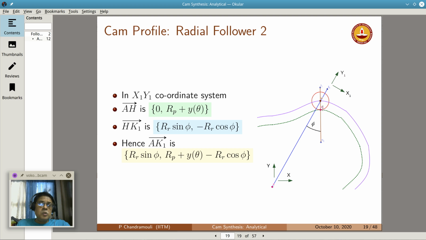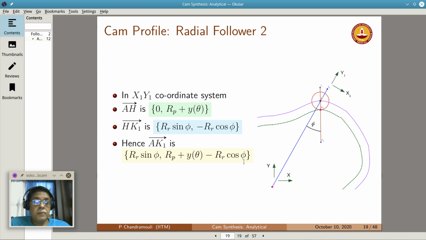So what I'm really interested in is the vector AK1, so that will be AH plus HK1. When you add the two, I get RR sine phi as the x coordinate of K1, and RP plus Y of theta minus RR cosine phi is going to be my Y coordinate. Sorry, this is in the local coordinate, not the actual fixed coordinate. So this is the x coordinate, RR sine phi, and RP plus Y of theta minus RR cos phi.